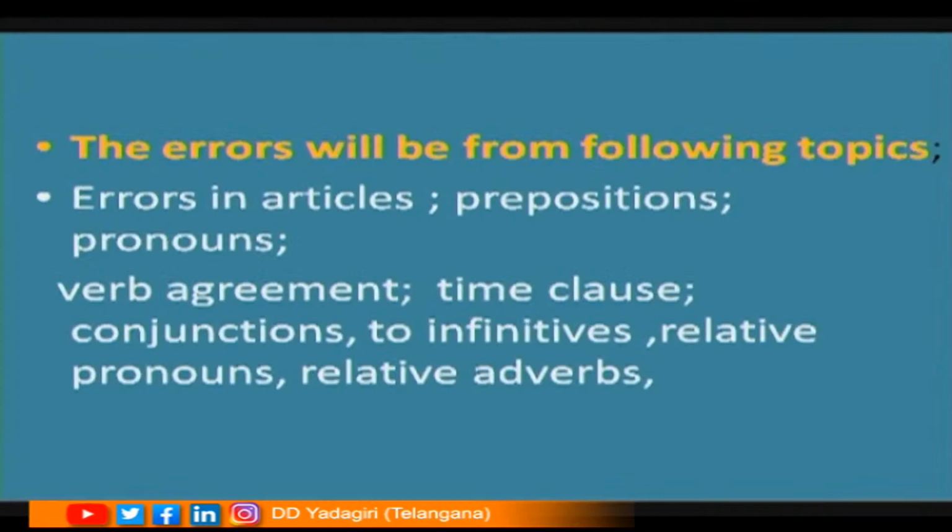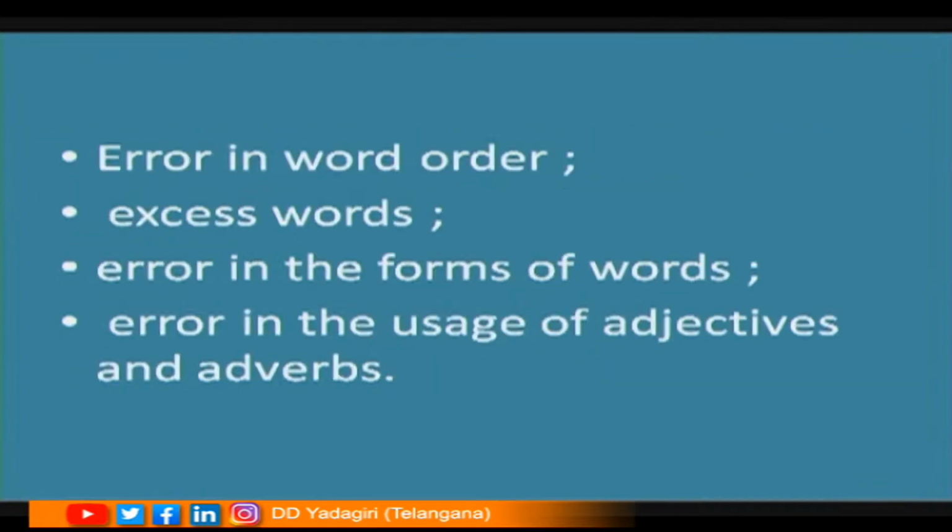The errors will be from the following topics: errors in articles, prepositions, pronouns, verb agreement, time clause, conjunctions, infinitives, relative pronouns and relative adverbs, error in word order, excess words, error in the forms of words, error in the usage of adjectives and adverbs.